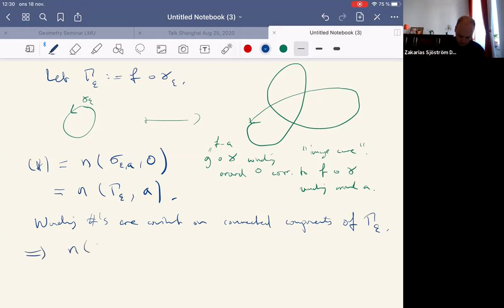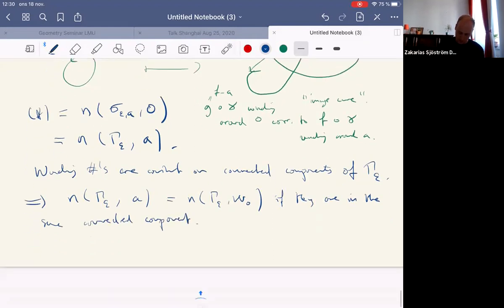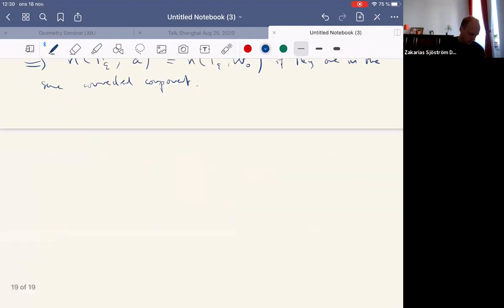So this means that n of gamma epsilon at A is equal to n of gamma epsilon at W0 if we are in the same connected component defined by this gamma epsilon.